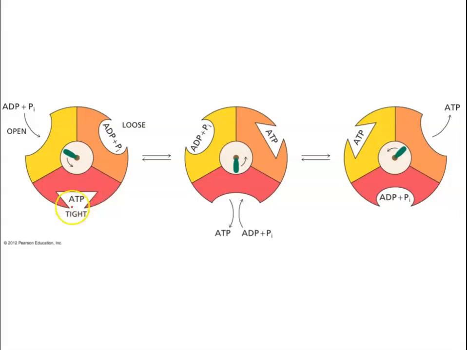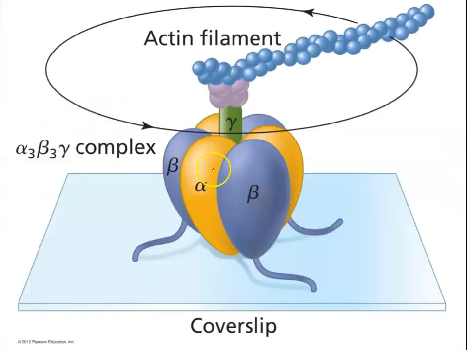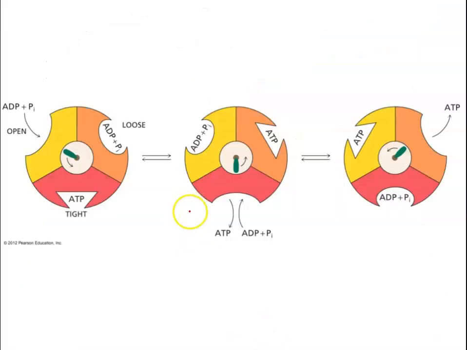You can see that there are different levels of binding of these subunits that are around these alpha and beta subunits that attach to the ATP. So ADP comes into the open construct when we have a turn.